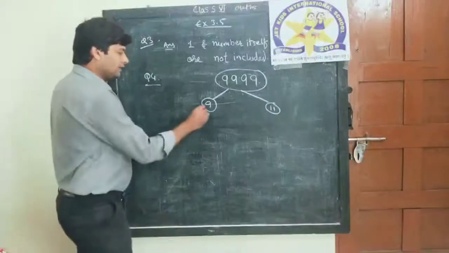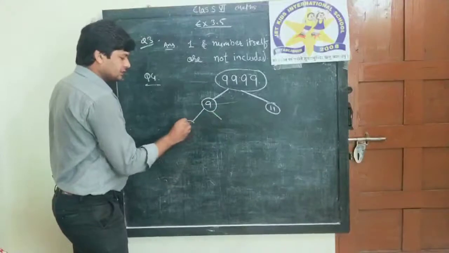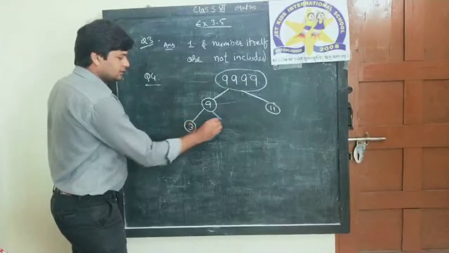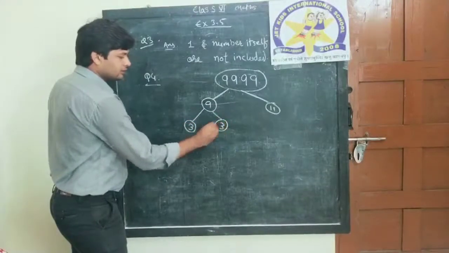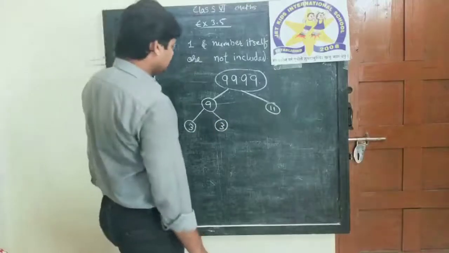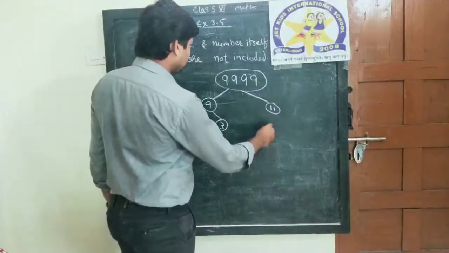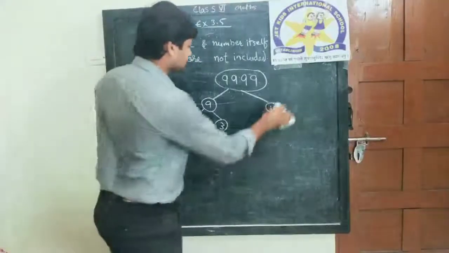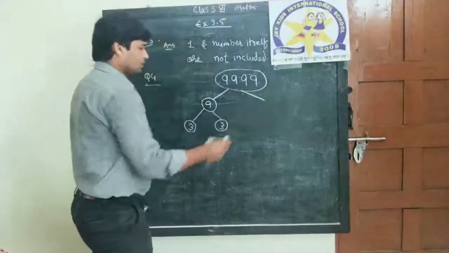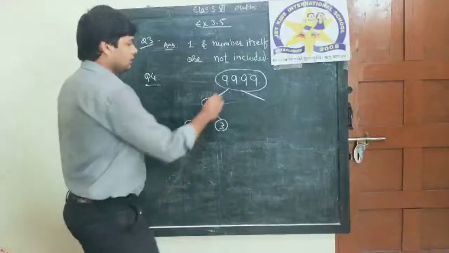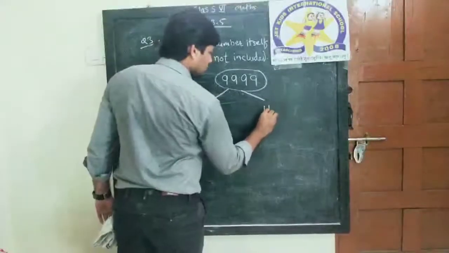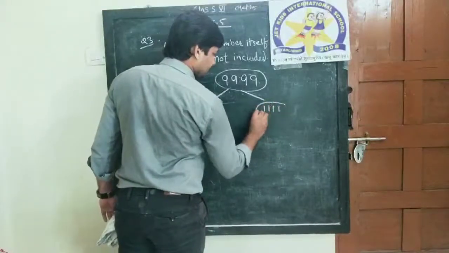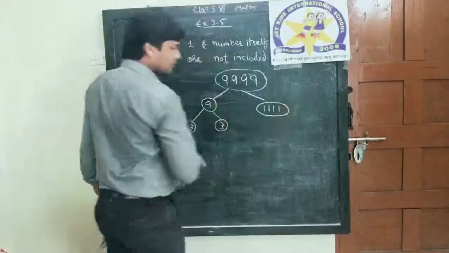So prime factorize 9 first, that is 3 multiplied by 3, right? Clear?